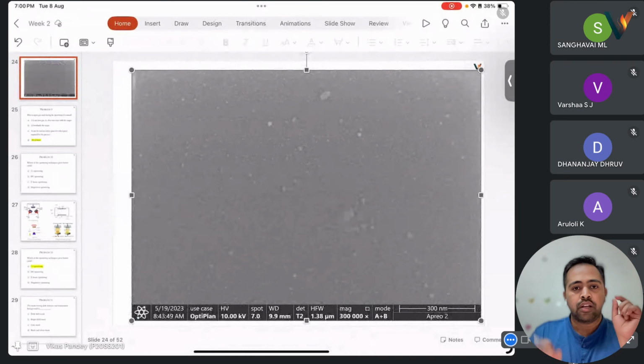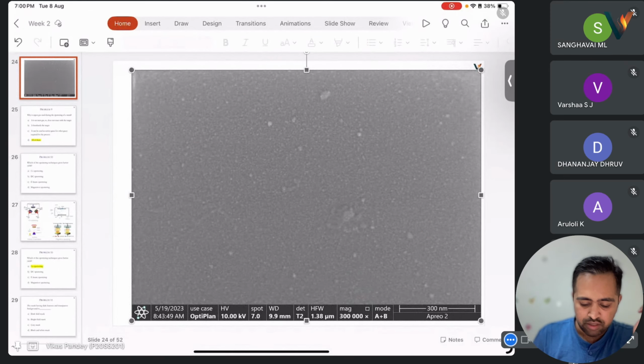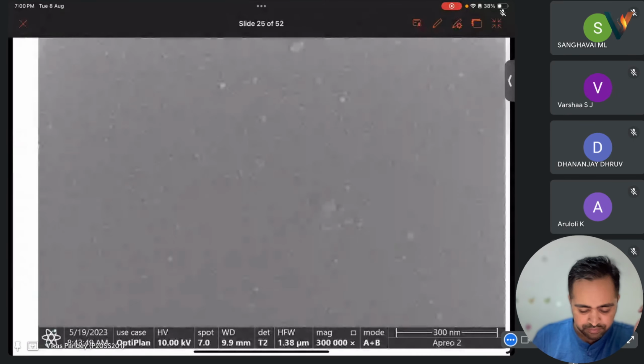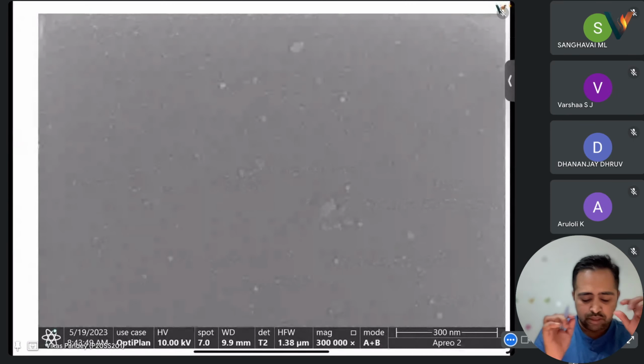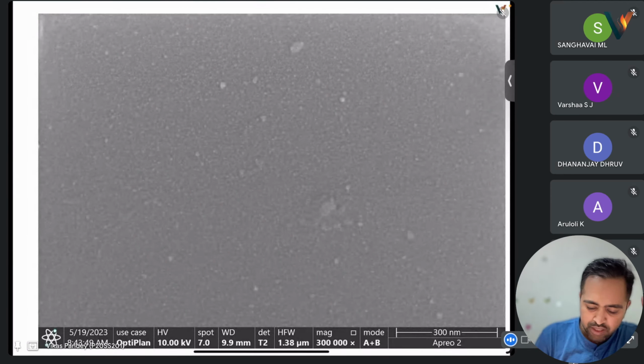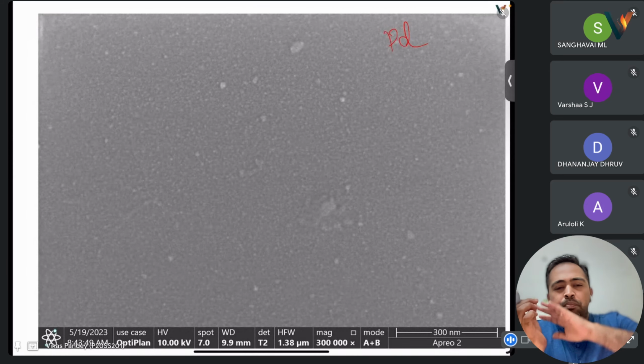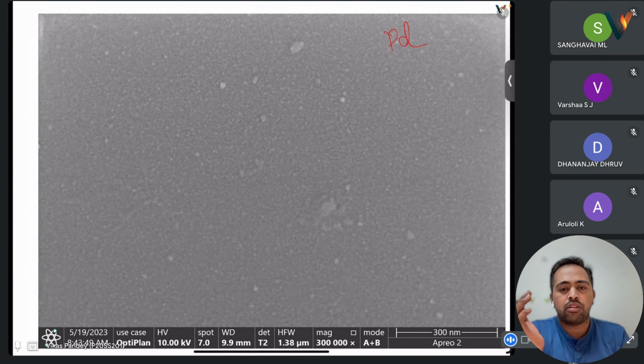If you see, it is taking some time to load. Yes, you see very small particles. In this case, it is Pd, I think. Yeah, palladium. Very small particles of Pd are scattered throughout the surface.